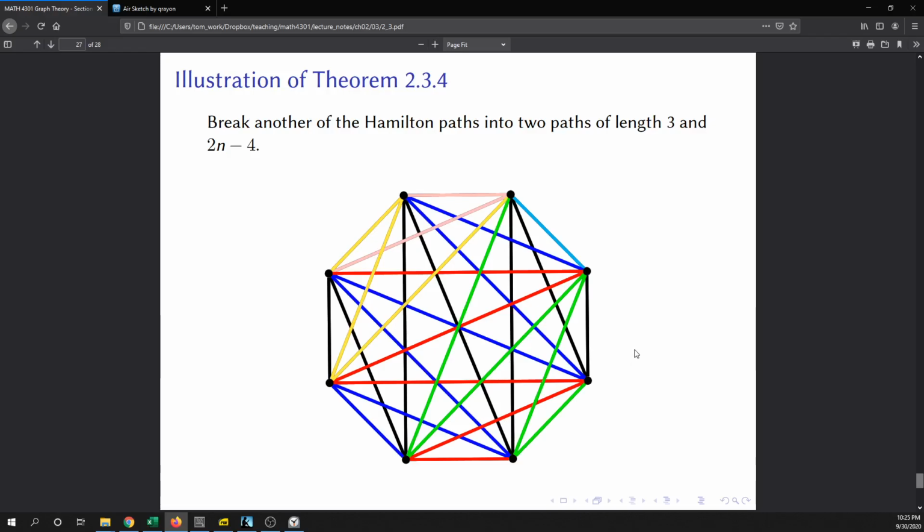All right, so that's the idea of the proof on that one. Start with the Hamilton paths, leave one intact, and then start breaking up the others. That will give you paths of every length from 1 out to the number of vertices minus 1. All right, and that is it on that one.